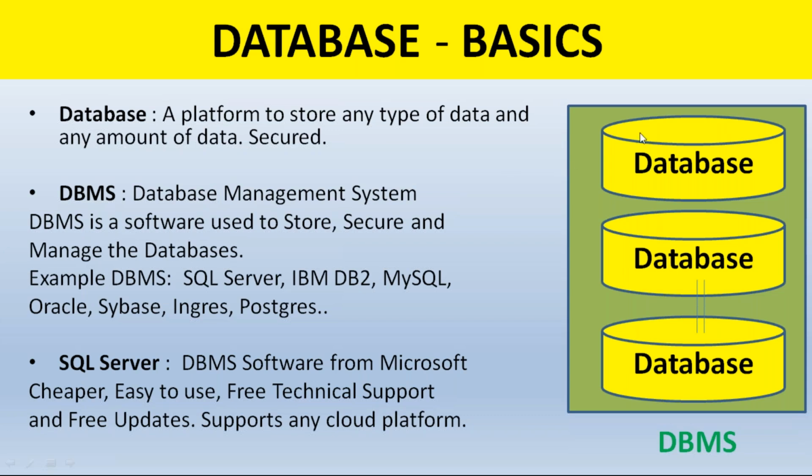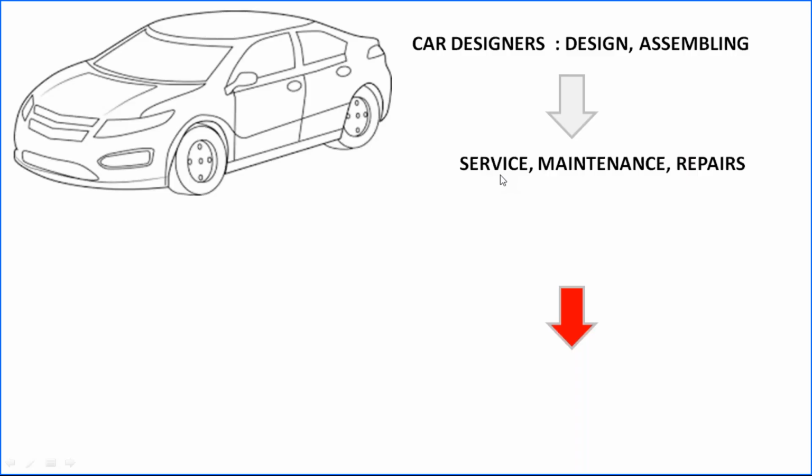Now, understanding what is database, let's see what we do as a DBA. Very simple and straight. Assume a car. A car has different spare parts designed by various third-party vendors, and all those spare parts are assembled in a car plant.